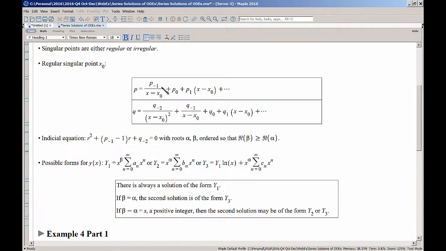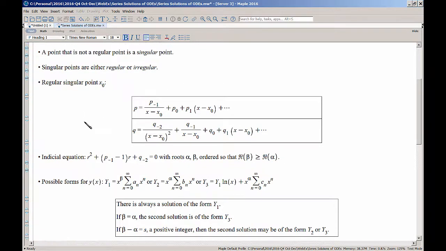Now, having obtained the Laurent expansion of P and Q, you form what is called the indicial equation. General form for the second order equation: r squared, plus this coefficient less 1 gives you the linear coefficient, and the coefficient q minus 2, which is the lead coefficient of this pole of order 2, is the constant term.